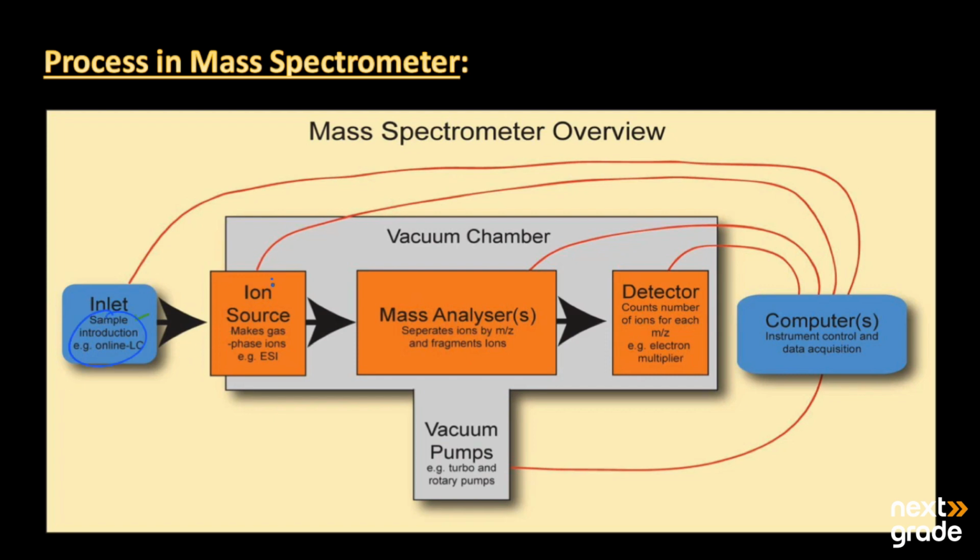After that we have the ion source that makes it into the gas phase, then the mass analyzer, and at the end the detector. I'm going to write the complete process. First, the inlet, then the sample is vaporized.